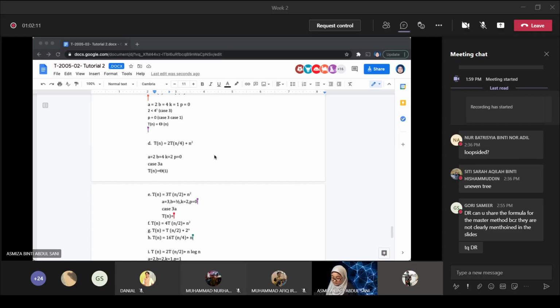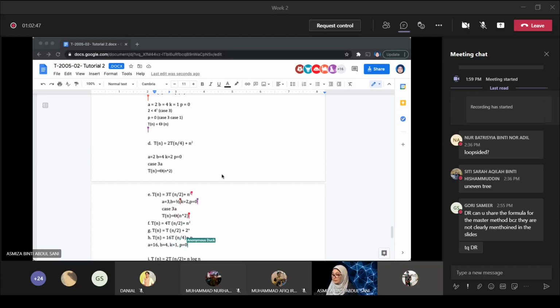For D, K is 2, and n to the power of 2, n squared. For D, right? For question D, we'll get a different answer. Just now someone said it's a constant.